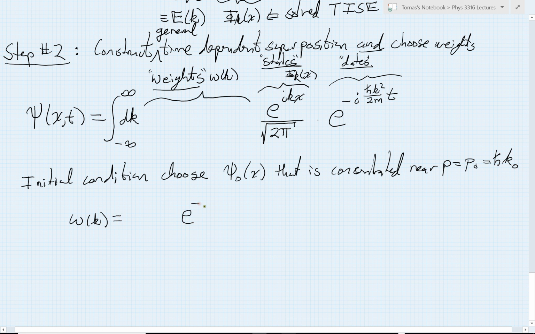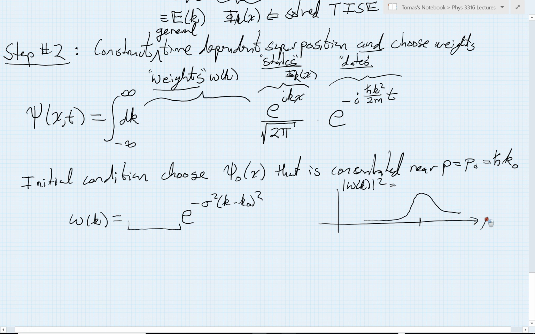I can achieve that by making some standard Gaussian choice, k minus k naught squared. I'm leaving some space here to get the proper normalization factor, but if I plot the magnitude of omega of k squared, which are my probabilities, what I will get is something that looks like a Gaussian as a function of k, centered at position k naught.